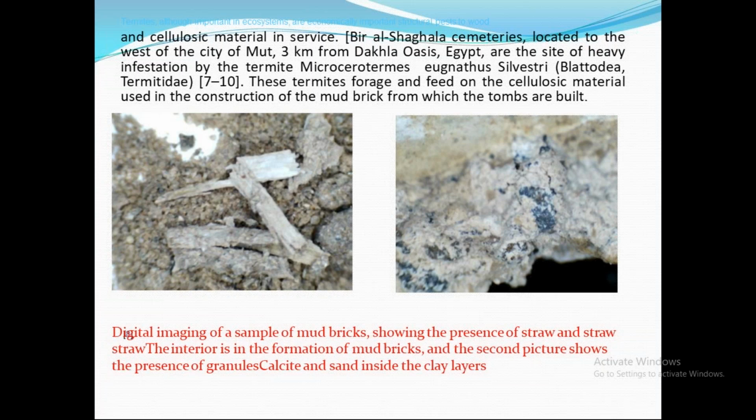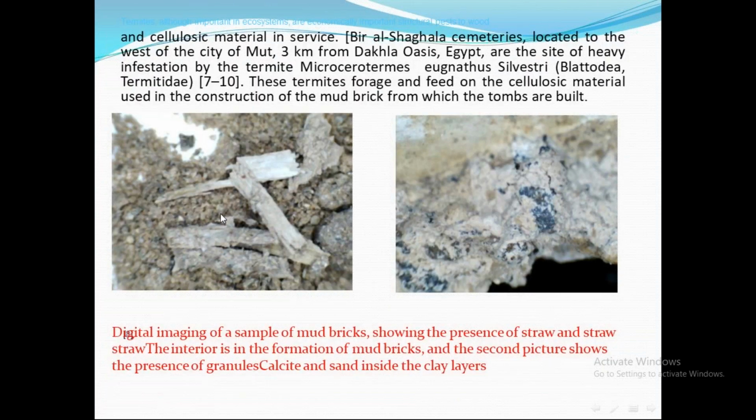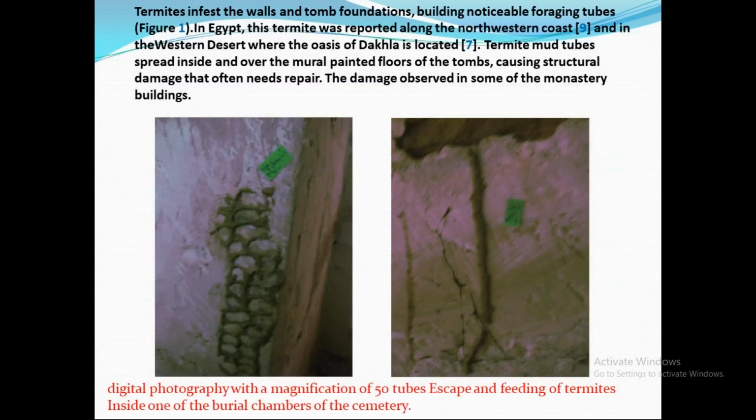It shows a sample with the presence of calcite and sand inside the clay layers. These pictures, sorry. And the next pictures are of a sample of mud bricks showing the presence of straw. These two pictures were taken by a USB digital microscope.